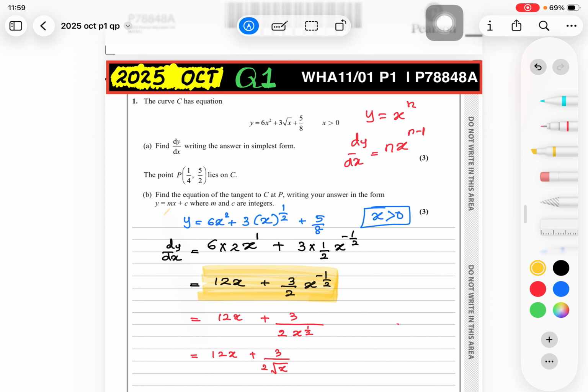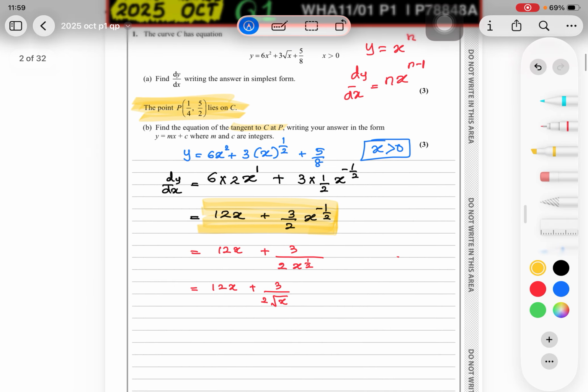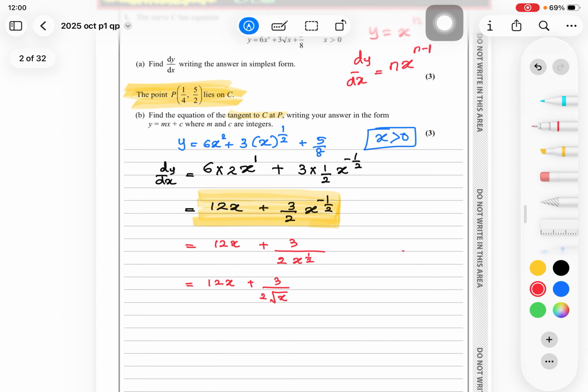Now they are talking about a point. The point is given, this point lies on the curve C, and we must find the equation of the tangent to C at P. Whenever we take a curve C and draw a tangent at a point, since it's a straight line, it will be in the form y equals mx plus c.